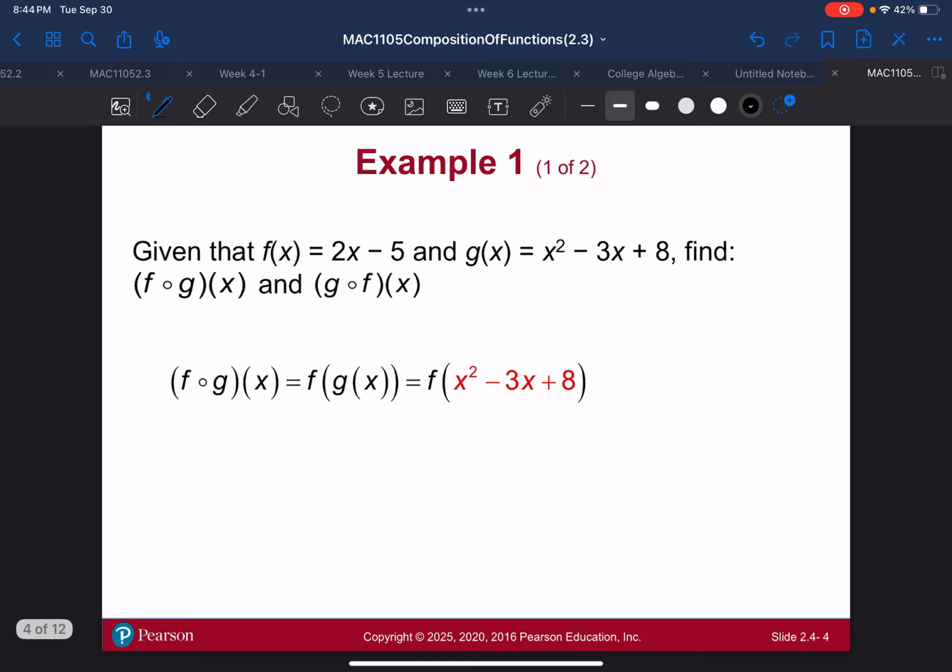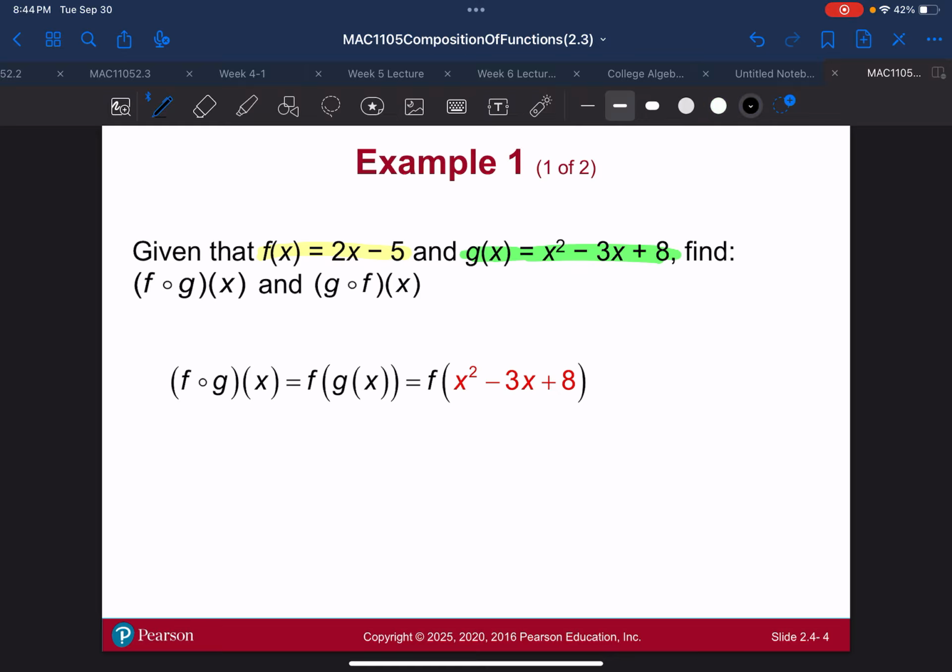All right, so for example, let's say they gave me the function f of x equal to 2x minus 5 and g of x equal to x squared minus 3x plus 8.